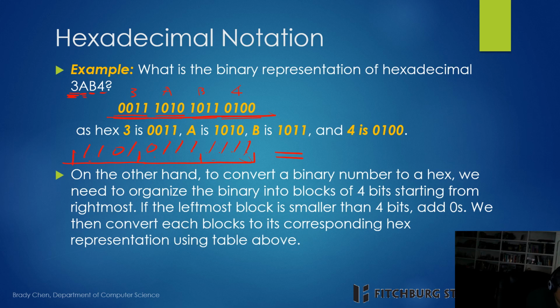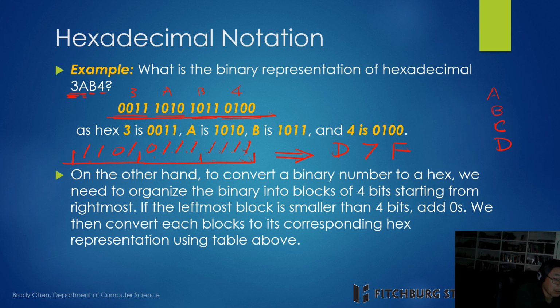Then we can convert each block into hexadecimal. So 1111 is F. 0111 is 7. You can check the table in the previous slide. And 1101, what is this? I think it's 13. What is 13? A is 10, B is 11, C is 12, and D is 13.